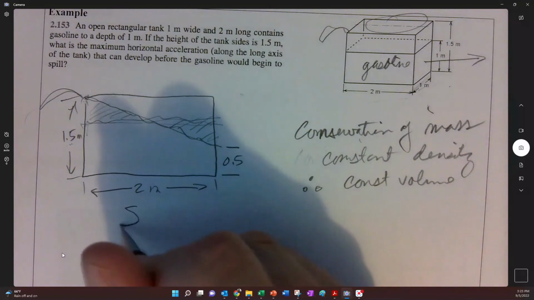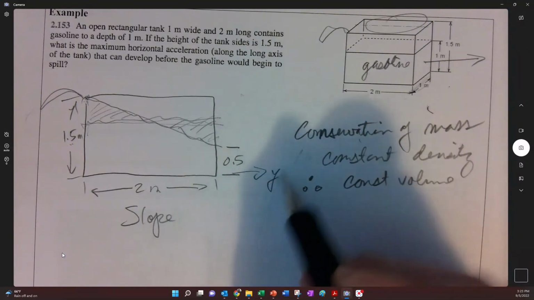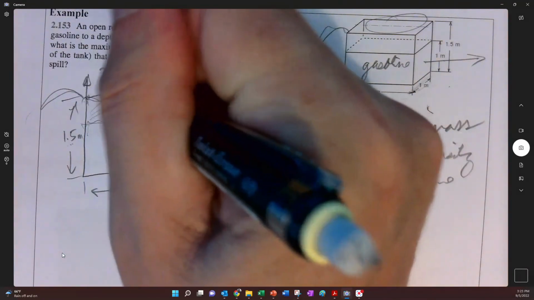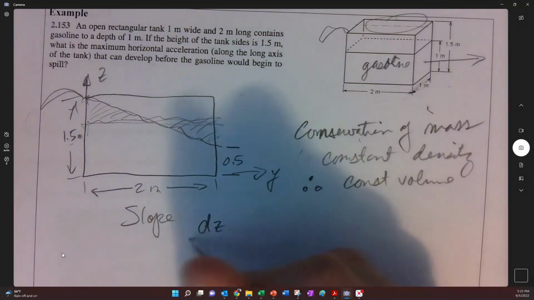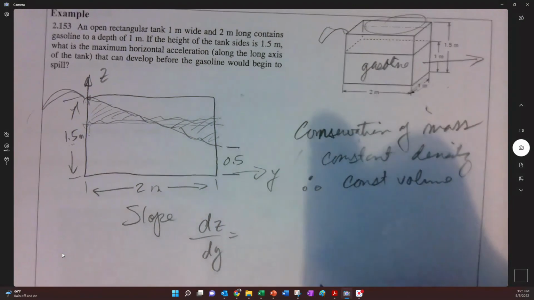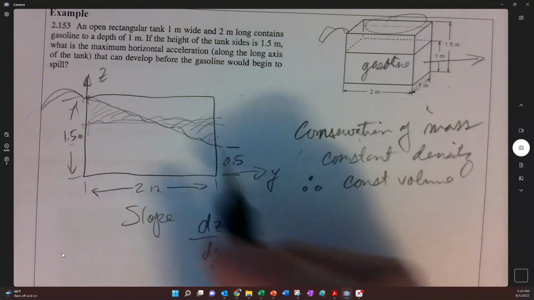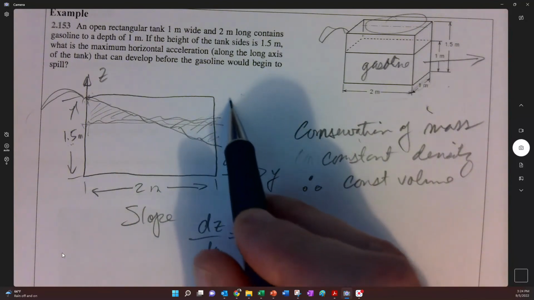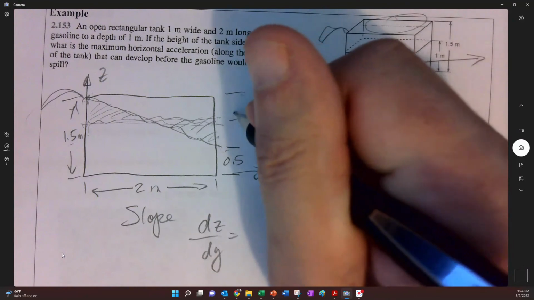So the slope of this, and if we decide that this is going to be y and this is going to be z right there, then the slope is going to be dz/dy, but the depth is getting less as we come down here. So the slope of this part is going to be 1 meter, right?